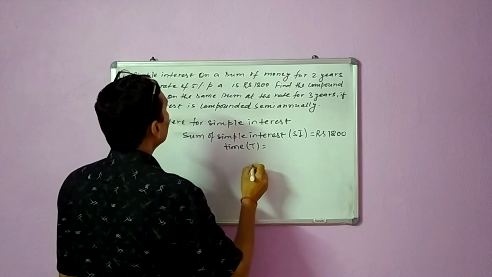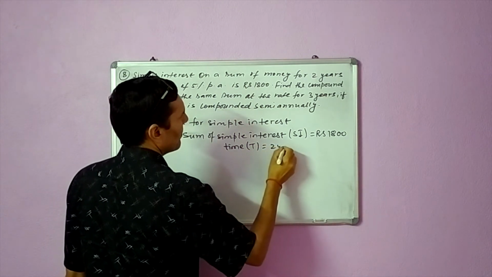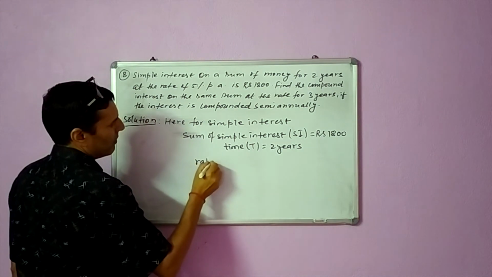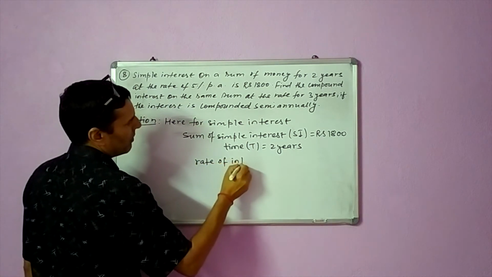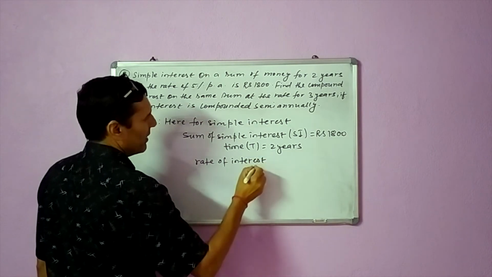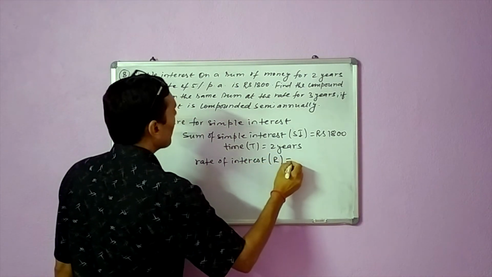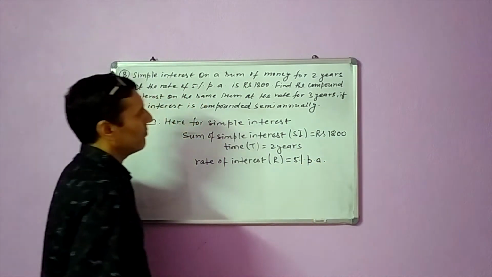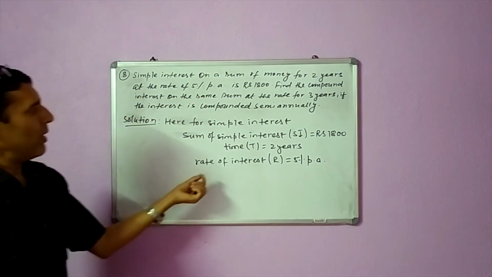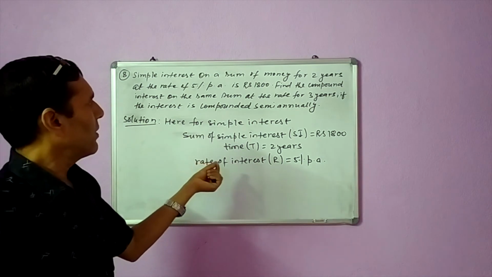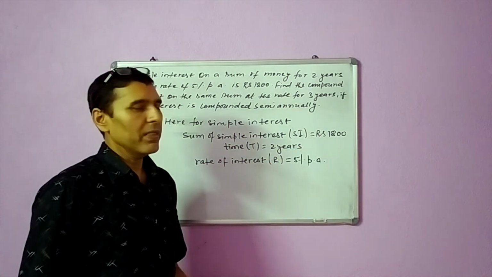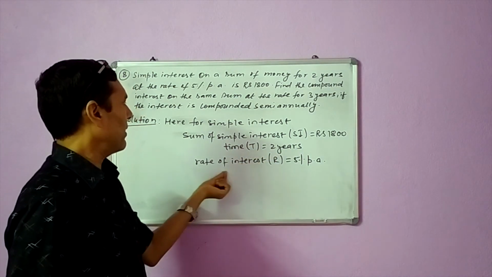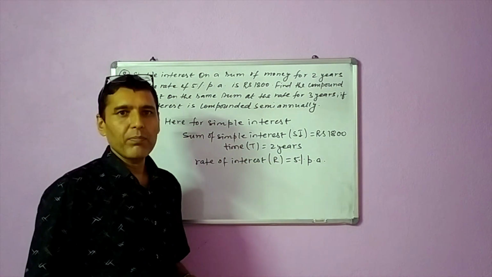Time t is equal to 2 years. Rate of interest R is given 5% per annum. So what is the sum whose interest is rupees 1800 in 2 years time at the rate of 5% per annum?